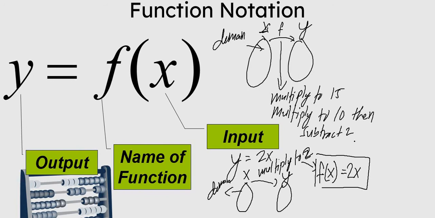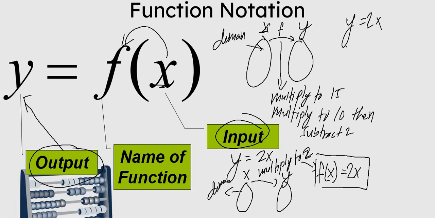And as we all know, the output is y, which is very similar when you input your x to the function machine. That's why we say y equals f of x, meaning saying that y equals 2x and f of x equals 2x is the same.